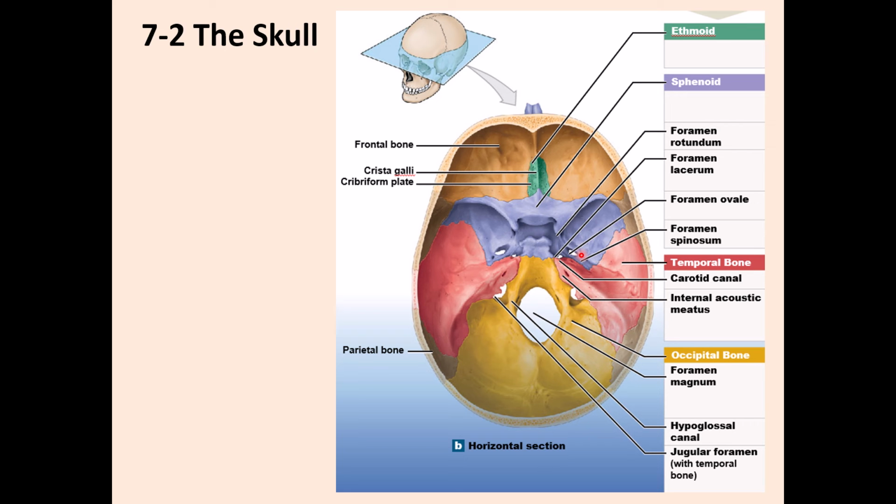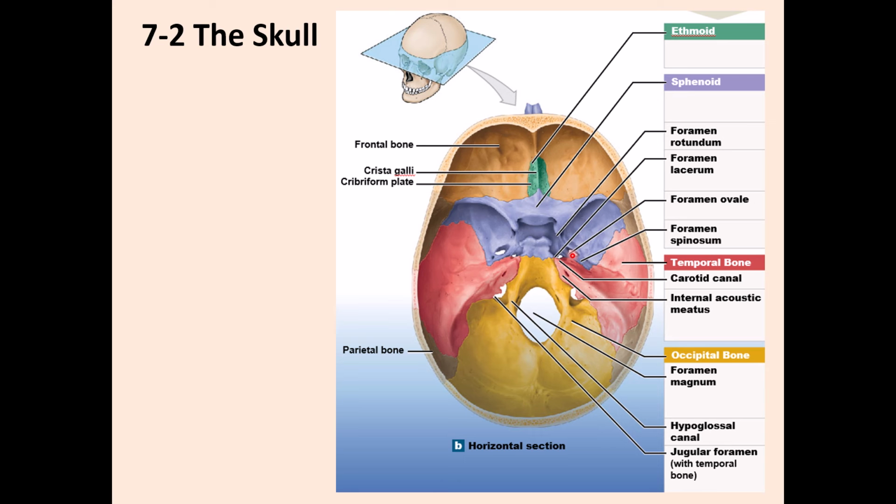You also have different foramina here. One is called the foramen rotundum, through which the second branch of cranial nerve 5 passes. The next one is the foramen ovale, through which the third branch of cranial nerve 5 passes.